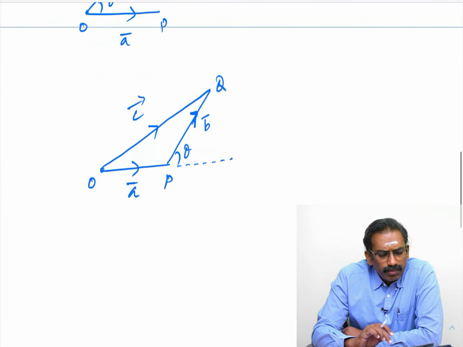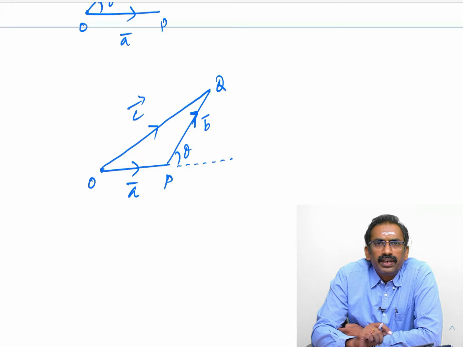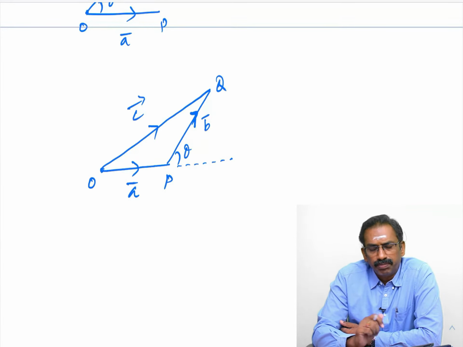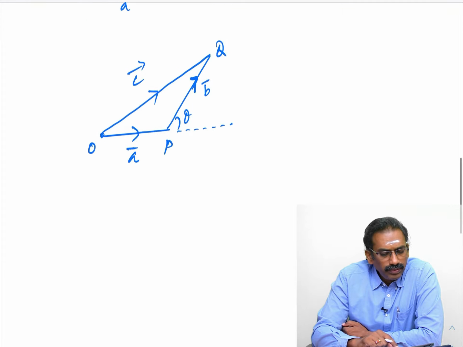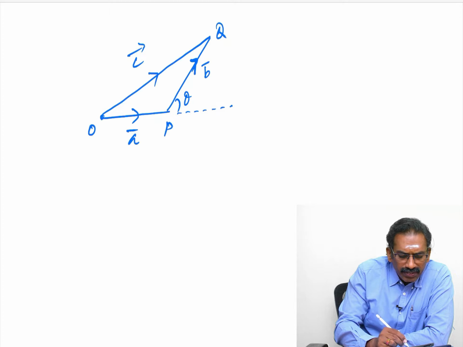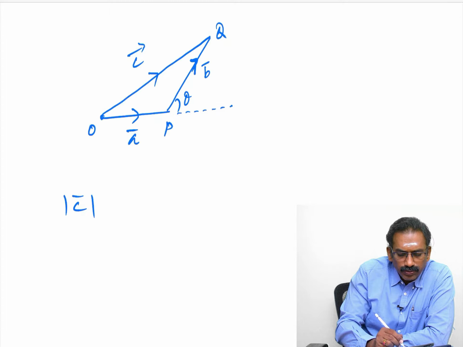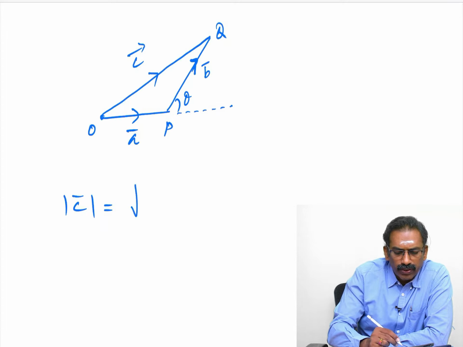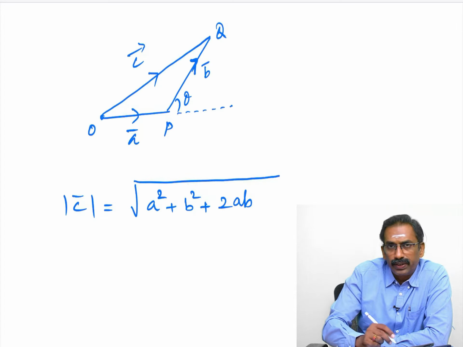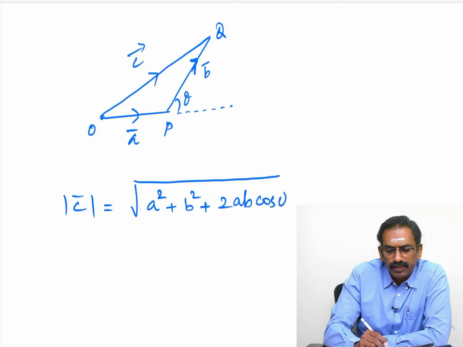We can calculate the magnitude of C vector in terms of the magnitudes of A, B and the angle theta between them. So we can prove that the magnitude of C vector is equal to square root of A square plus B square plus 2 into product of AB magnitudes and cos theta.